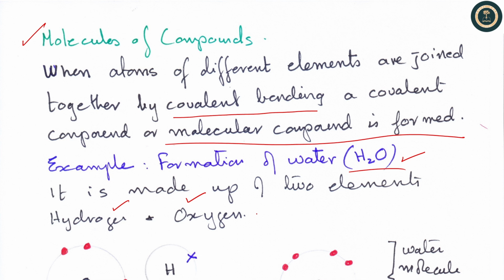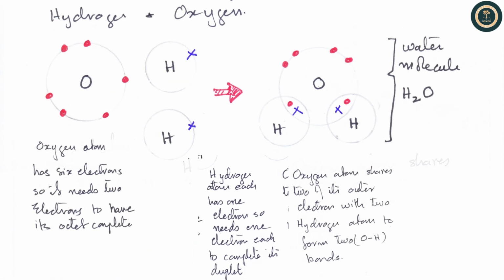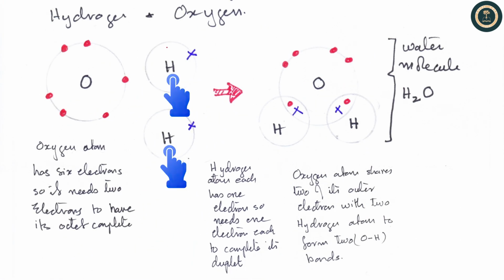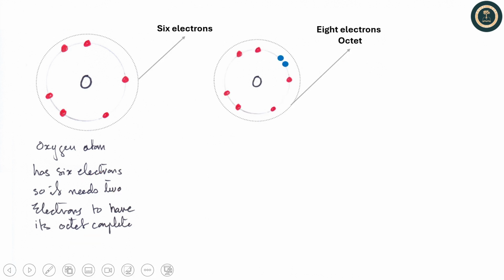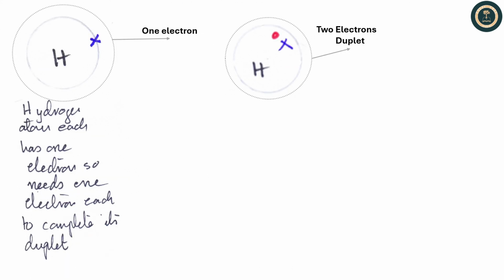Now, here I have drawn two hydrogen atoms and one oxygen atom showing their outermost electrons. Oxygen atom has 6 electrons, so it needs 2 electrons to have its octet complete. Each hydrogen atom has 1 electron, so it needs 1 electron to complete its duplet.